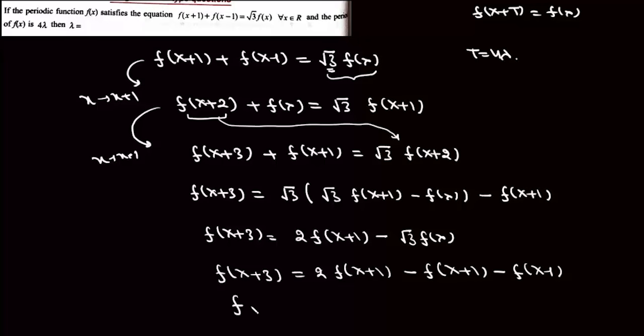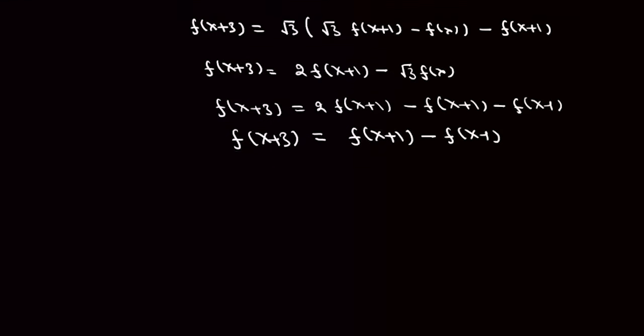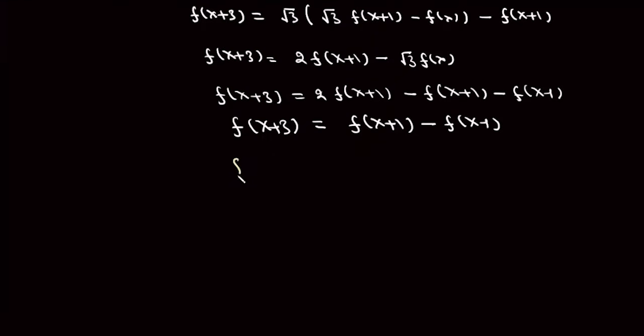So we'll get f(x+3) will be equal to f(x+1) minus f(x−1). Now clearly we need f(x), so we'll replace x with x+1. So it will be f(x+4), it is f(x+2) minus f(x).